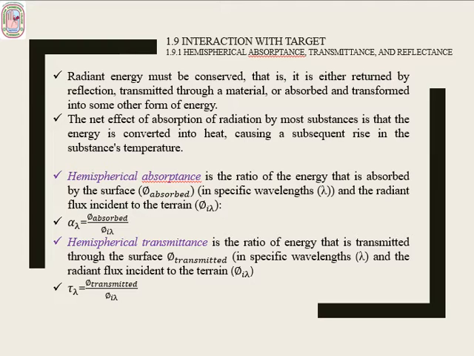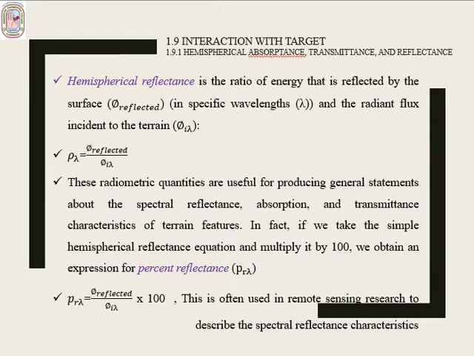Tau lambda, as defined previously, is equal to phi transmitted divided by the total incident flux. Hemispherical reflectance is the ratio of energy that is reflected by the surface in a specific wavelength to the radiant flux incident to the terrain. So, rho lambda is phi reflected divided by phi incident radiant flux.